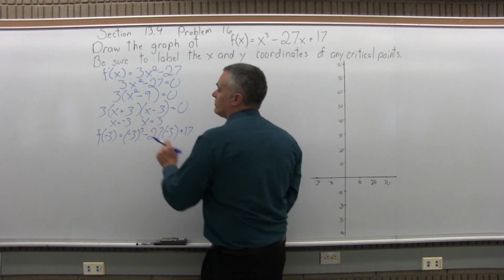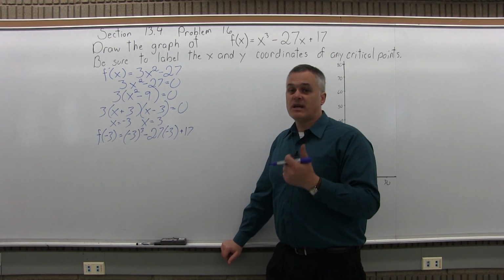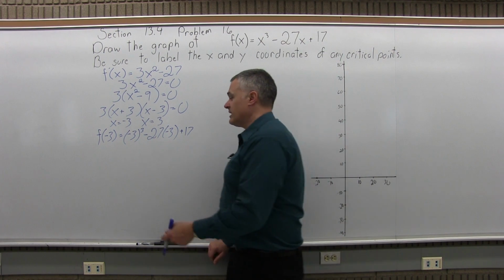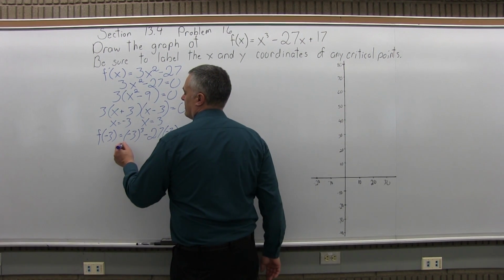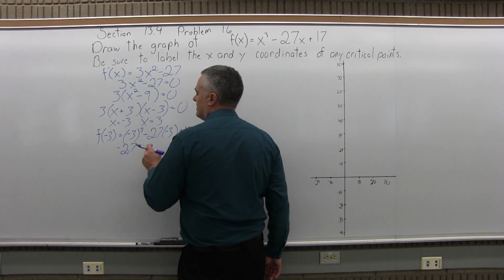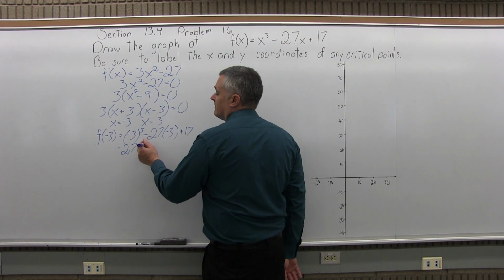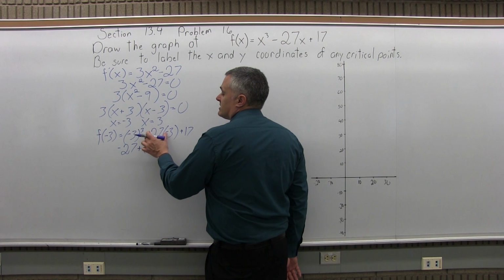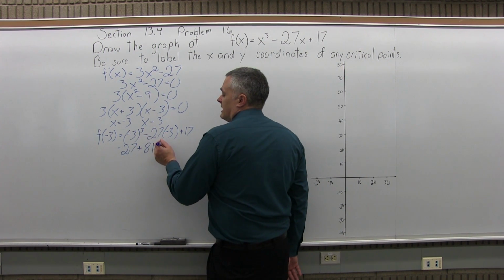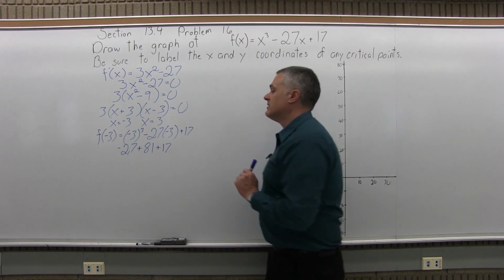Do the math. Negative 3 cubed, so negative 3 times negative 3 times negative 3, and if you multiply that out, it multiplies to negative 27. The next piece, negative 27 times negative 3 is positive 81. Again, pay attention to the signs. The negative times the negative becomes positive. And there's a plus 17 on the end.